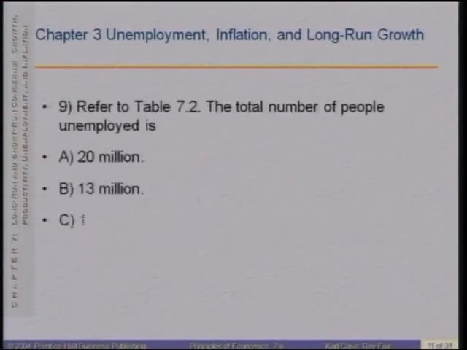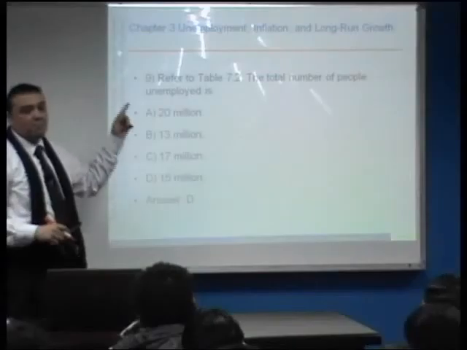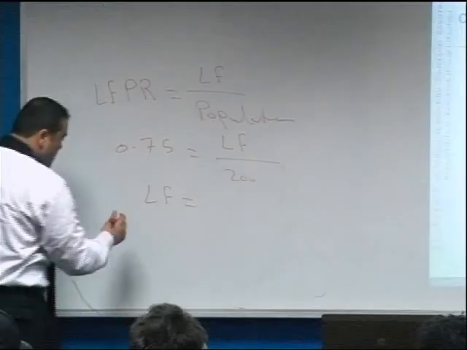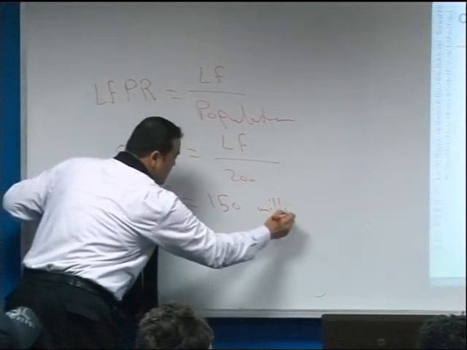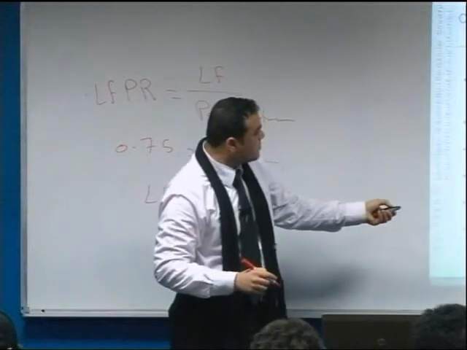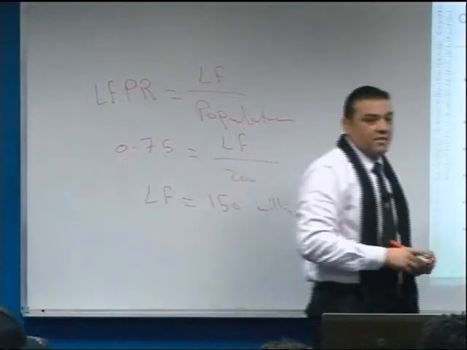What else? When I refer to the table, the total number of people unemployed. Unemployed equals what? This is 150 million. The number of unemployed. The number of people of unemployed, we can derive it from what?